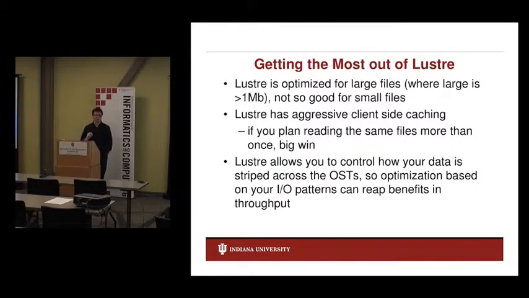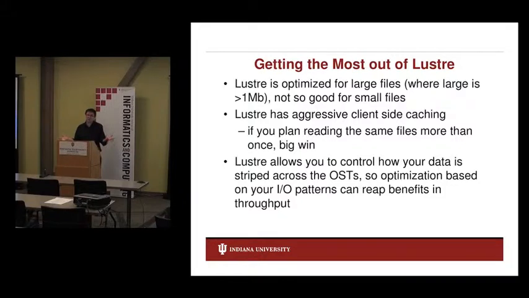So if I've sold you on using Lustre, here's how to get the most out of it. Lustre is optimized for large files, and we have a 1 megabyte block size. So we consider large files anything larger than 1 meg. What this means is if you write a 4K file, you're really writing 1 meg, so you might as well take advantage of that and write the full 1 meg.